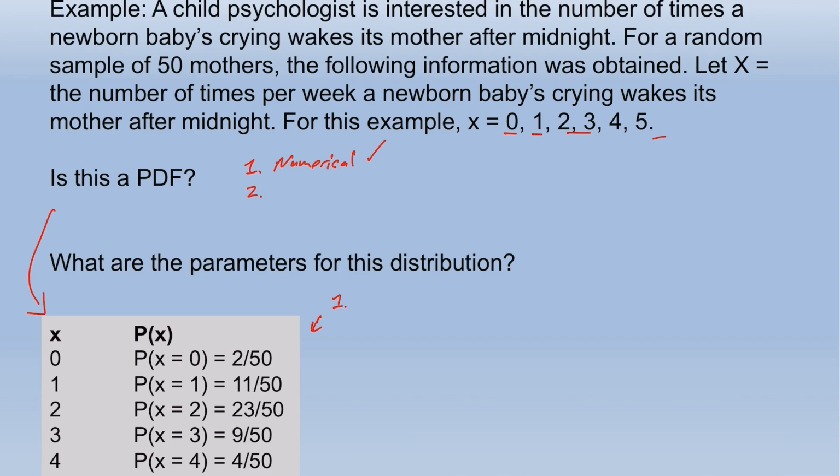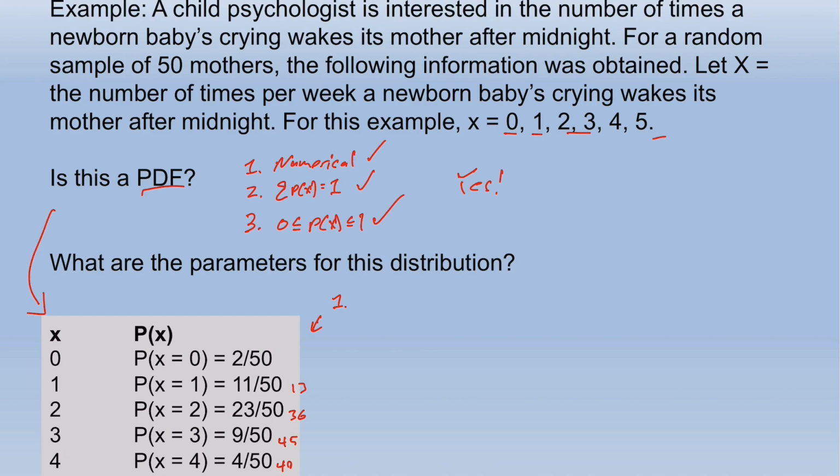Second, does it sum to 1? 2 plus 11 is 13, plus 23 is 36, plus 9 is 45, plus 4 is 49, plus 1 is 50. So if I add up the numerators, I get 50. All that over 50 is 1. So yes, that works. And third, are all of these in between 0 and 1, each of them? The answer to that is yes. So it is a PDF.